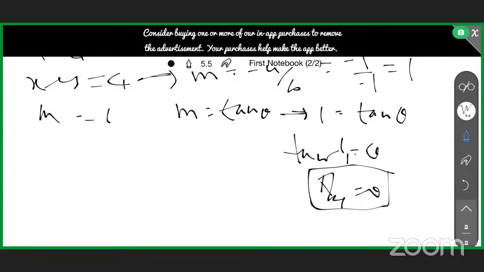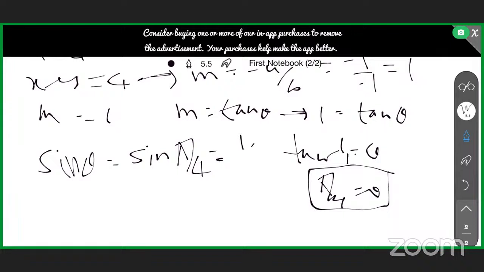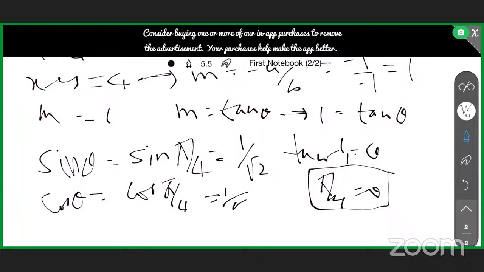So from this, I'll take sin theta and cos theta. Therefore, sin theta is equal to sin pi by 4, which is equal to 1 by root 2. Cos theta is equal to cos pi by 4, which is also 1 by root 2.